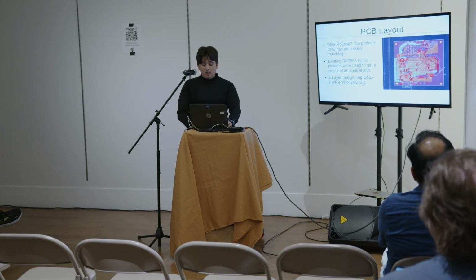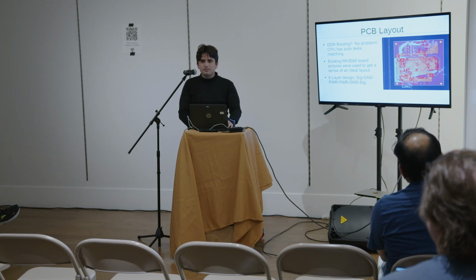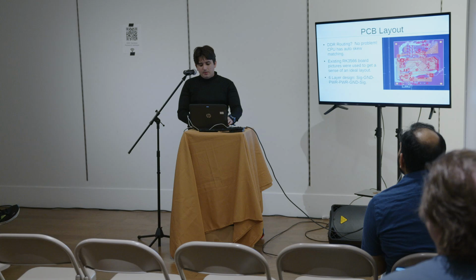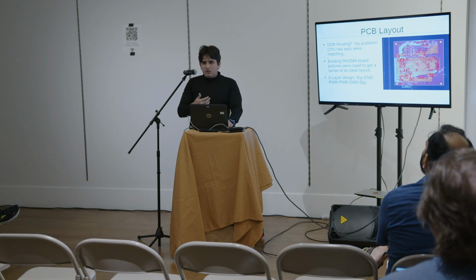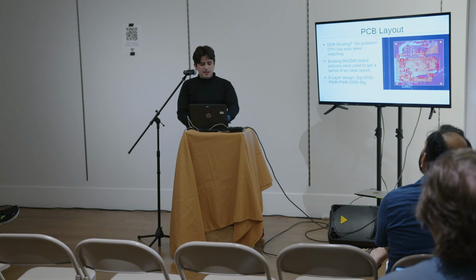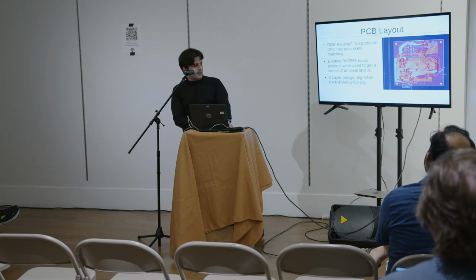Another key aspect during this stage was making sure we didn't use too many layers, because it really makes it a lot more expensive, and we wanted to keep it cheap, of course. So we found a great stack up that worked great for this project, and you can already see it on the screen. It's a 6-layer design.